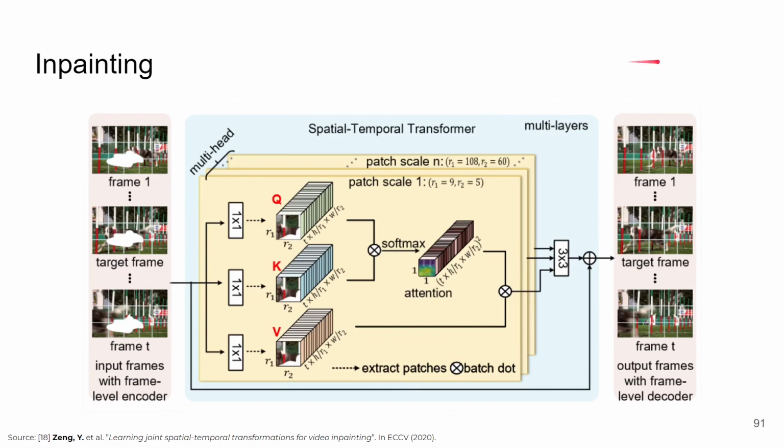And finally, one of the few works, there are some others out there, that actually perform low-level image reconstruction is this work for inpainting, where they took a target frame and wanted to reconstruct the missing content. They took a set of locally dense sampled frames and sparsely sampled frames further away in time.